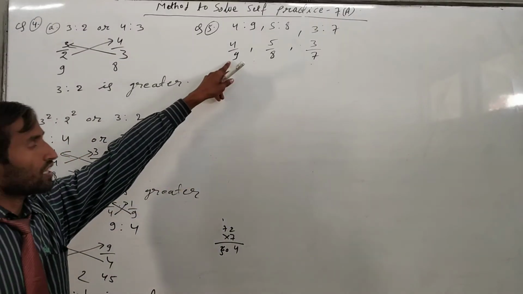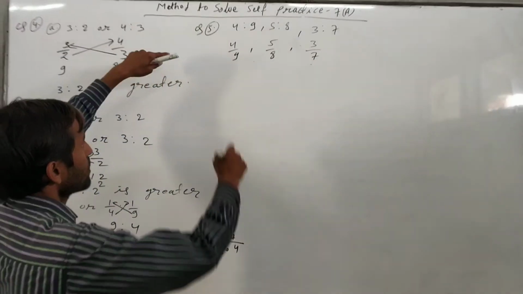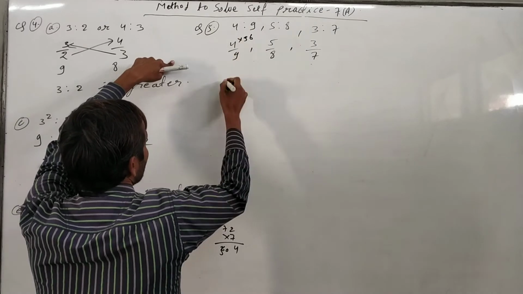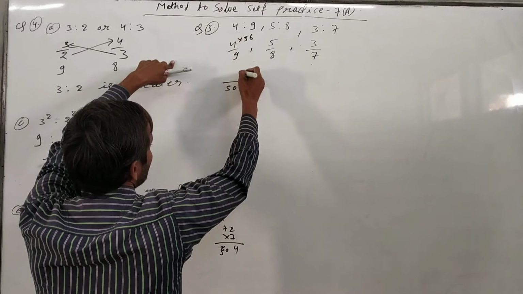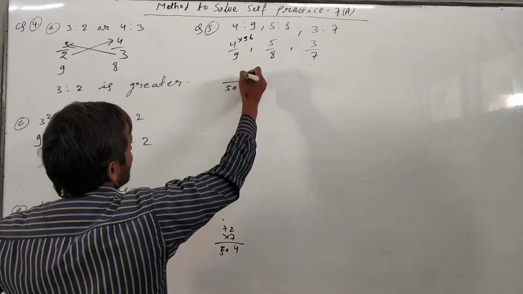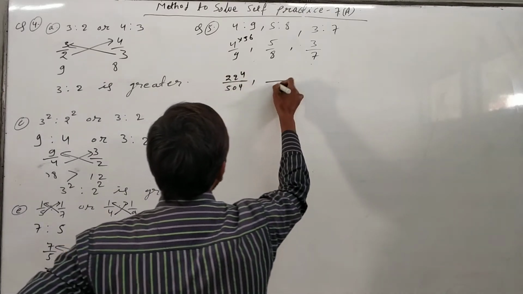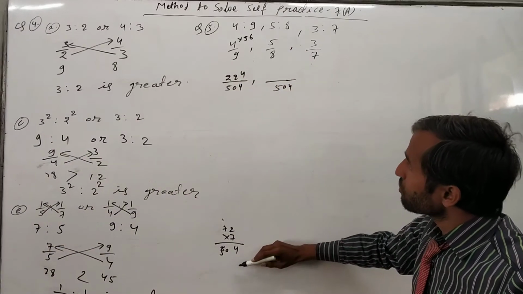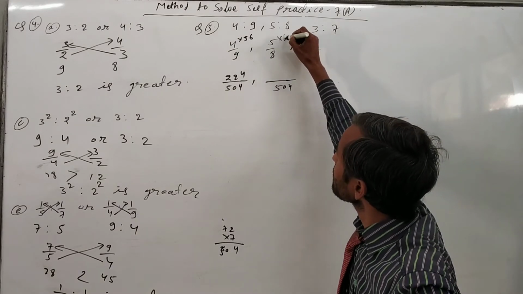So in the 9 table, 504 comes 8 7s are 56 times, so we have to multiply here by 56. Then 6 4s are 24, carry 2 and 20, so 224 upon 504. Again, in the 8 table 504 comes 63 times, so we have to multiply here by 63.